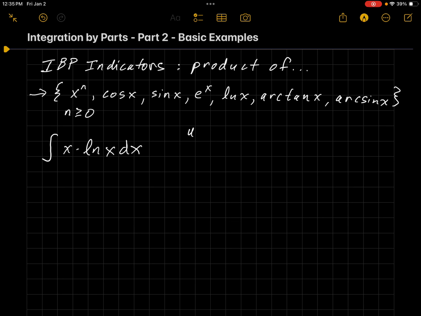So I have two choices. I could either let x equal u, which would give me dv is whatever's left over, or I could choose natural log of x equals u, and then dv is whatever is left over.